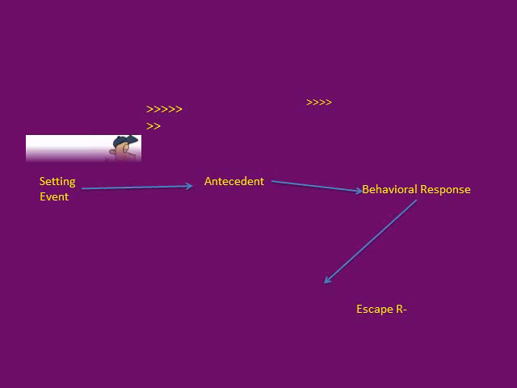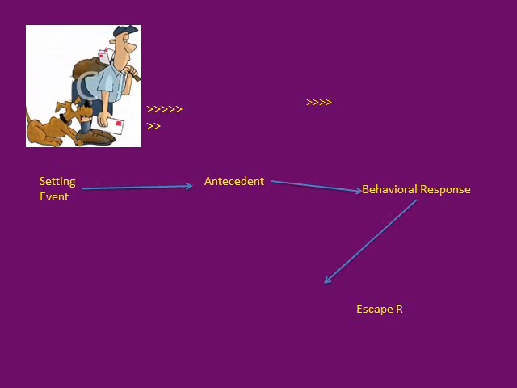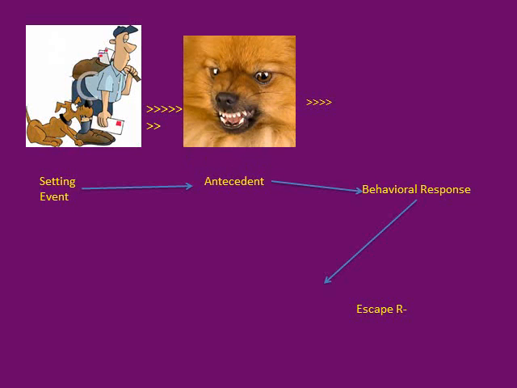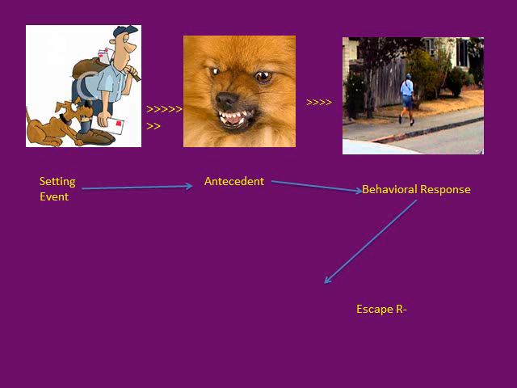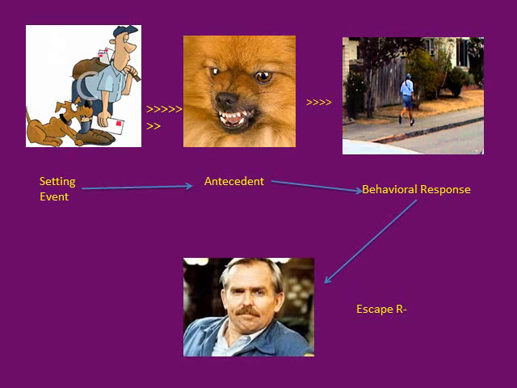Let's take a look here. All right, so we've got this mailman here, okay? And he sees an angry dog. And so this is his trigger to run away and get away from the dog, okay? So then he's escaping the aversive situation.